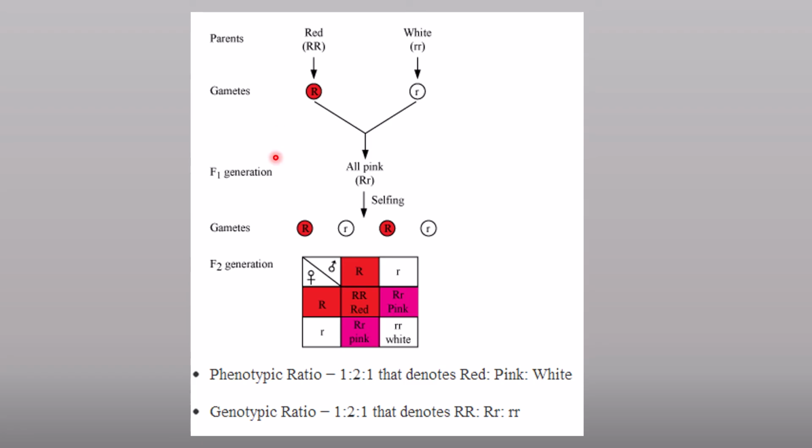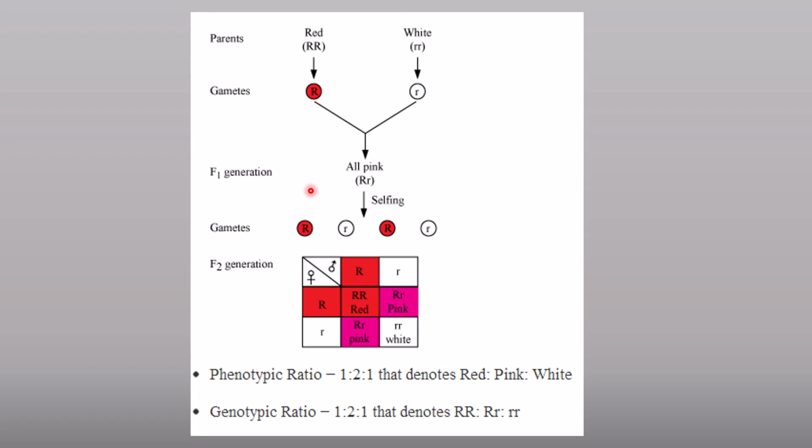The gametes segregate, and the F1 generation all had pink flowers in heterozygous condition. The dominant allele R is expressing itself giving the red color, and the recessive allele r is also giving the white color. So the red and white mix to give pink colored flowers.